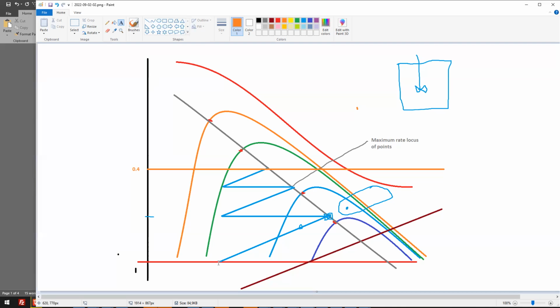And then we can take our inlet temperature and use the gradient and step up to the maximum rate line. And then we cool down to the initial temperature, and we keep repeating that process until we satisfy the design specification of 40% there.